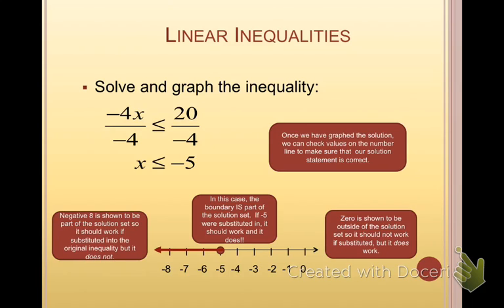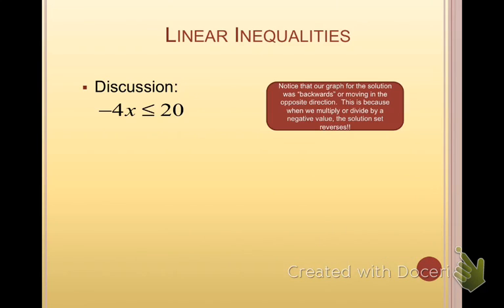Let's try 0. -4 times 0 is 0. Is 0 less than or equal to 20? Yeah, it is. So it seems like we have our number line shaded backwards in this one. Okay.